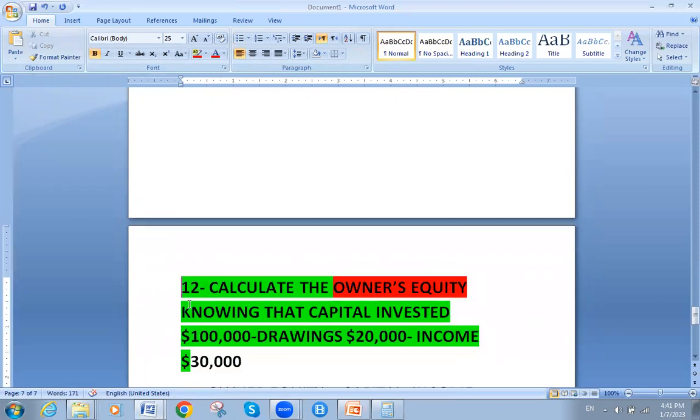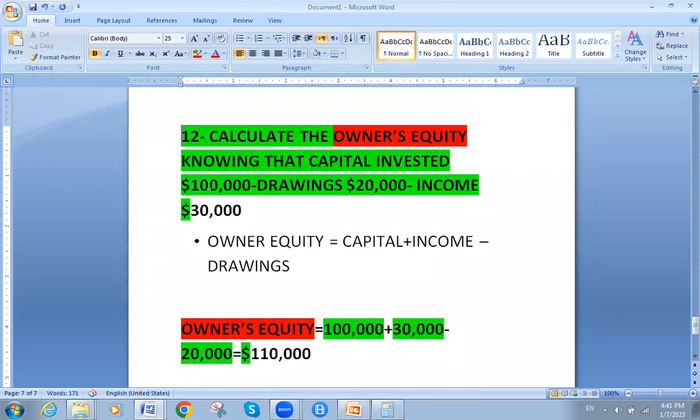Calculate the owner's equity, knowing that the capital invested was 100,000 and drawings were 20,000. Capital plus income minus drawing, and the net income was 30,000. That gives me 100 plus 30, 130 minus 20, which gives me $110,000.